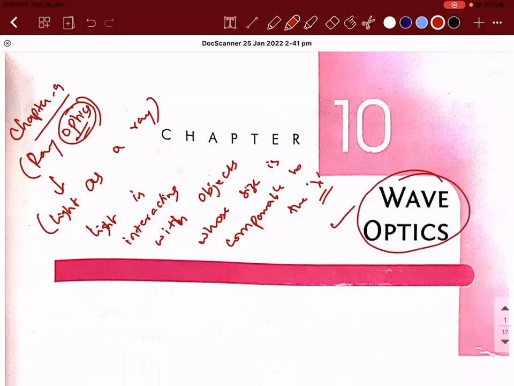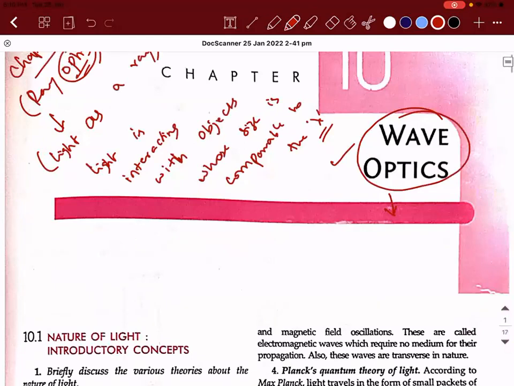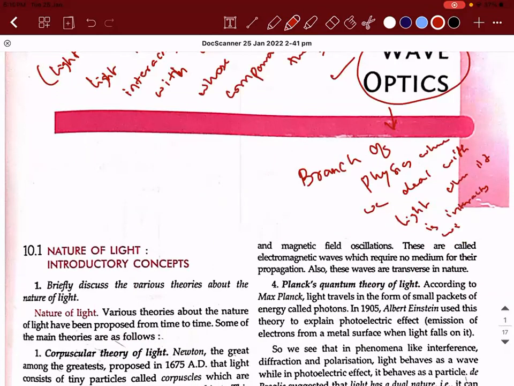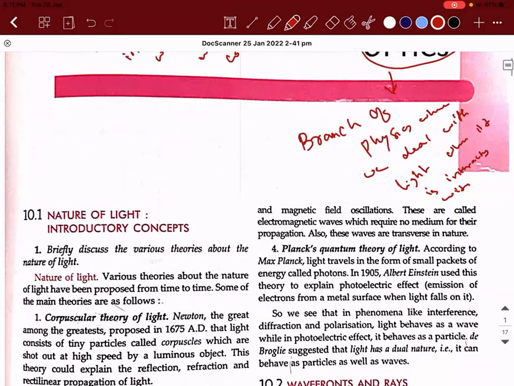Similarly, what is wave optics? Wave optics is a branch of physics where we deal with the behavior of light when it is interacting with an obstacle whose size is very small compared to the wavelength of the light.